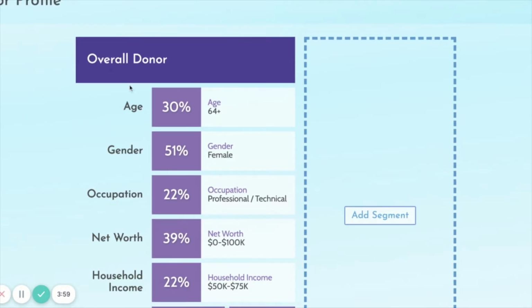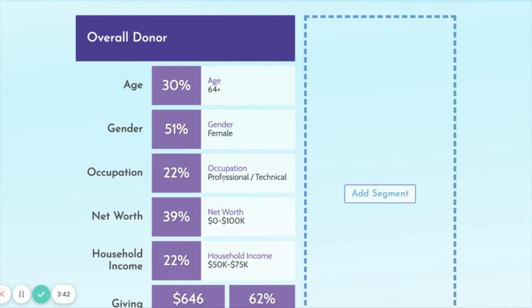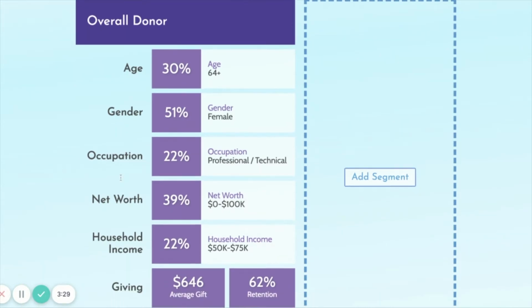For example, in this demo cause that I'm using now, 30% of our constituents are over the age of 64 plus. 51% are female, 22% have a professional technical occupation, etc. And these numbers are essentially the highest percentage number for that given attribute or demographic or financial aspect.